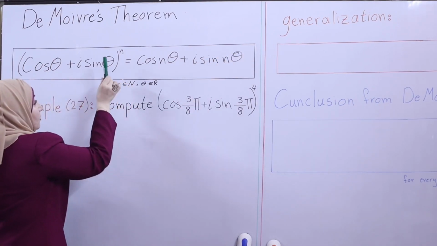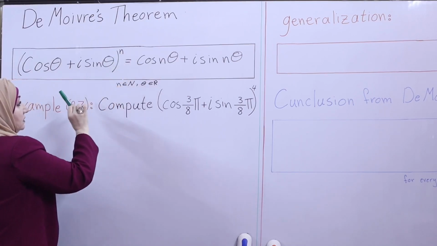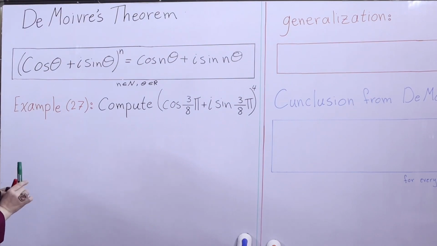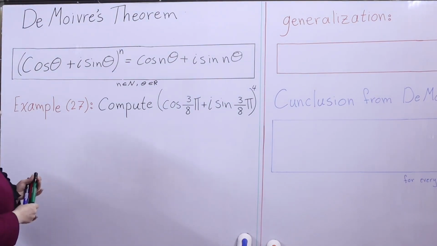That means we will multiply the power n by the angles. This is DeMoivre's Theorem. هذه هي مبرهنة ديموفر.